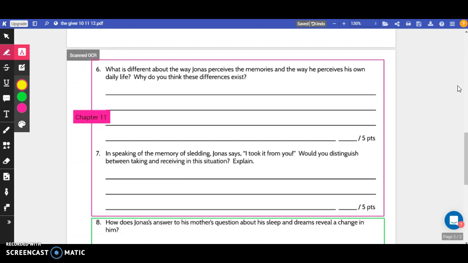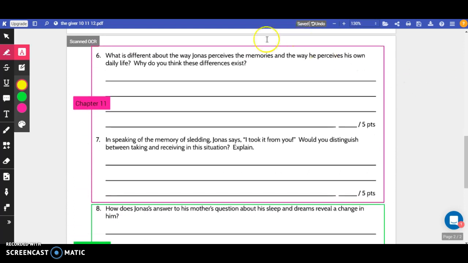Question 6 is also a two-part question. It says, what is different about the way Jonas perceives the memories and the way he perceives his own daily life? So you need to find the difference in those two things there. And then you need to explain why you think these differences exist.